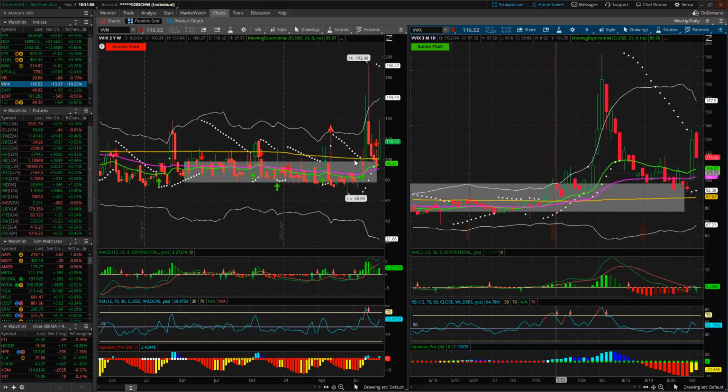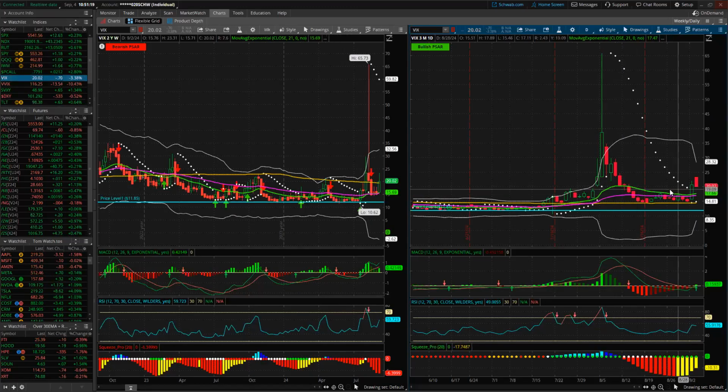Now, we're not toppy on the market. The chart shows we may be rolling over, but we're definitely not overbought at all. You've got some increased volatility on the VIX, but while elevated, it's still sitting at 20. It did pop up to 23 today.